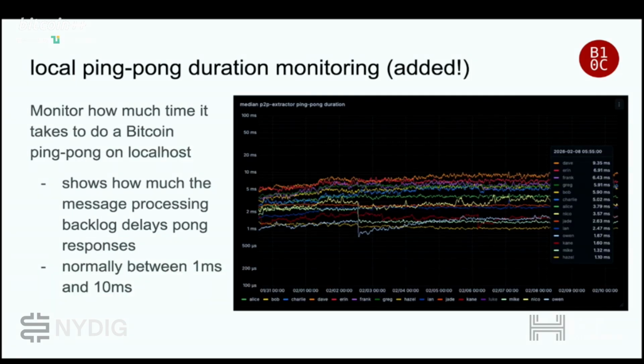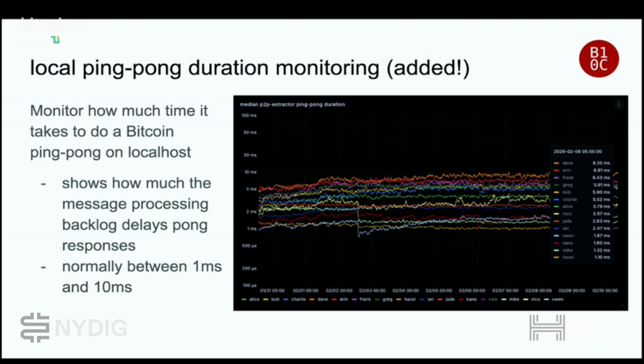I also set up some localhost ping-pong monitoring, using the Bitcoin protocol ping and pong. I have a P2P client connected to my node, and I'm sending a ping where, instead of the nonce that is normally in the ping, I send a very precise timestamp, wait for the pong to arrive, and then measure the difference.